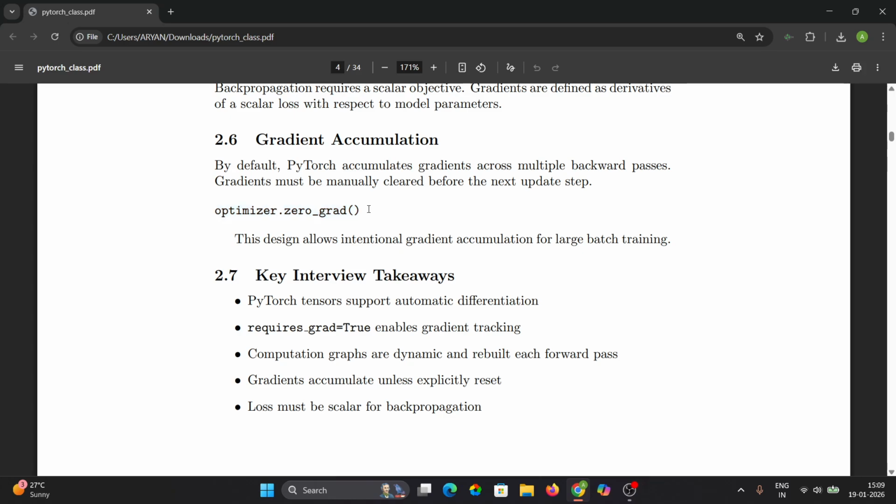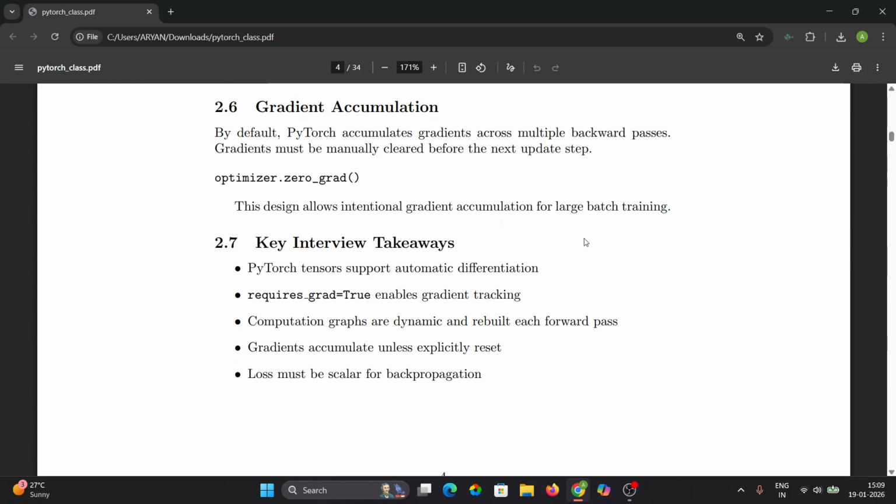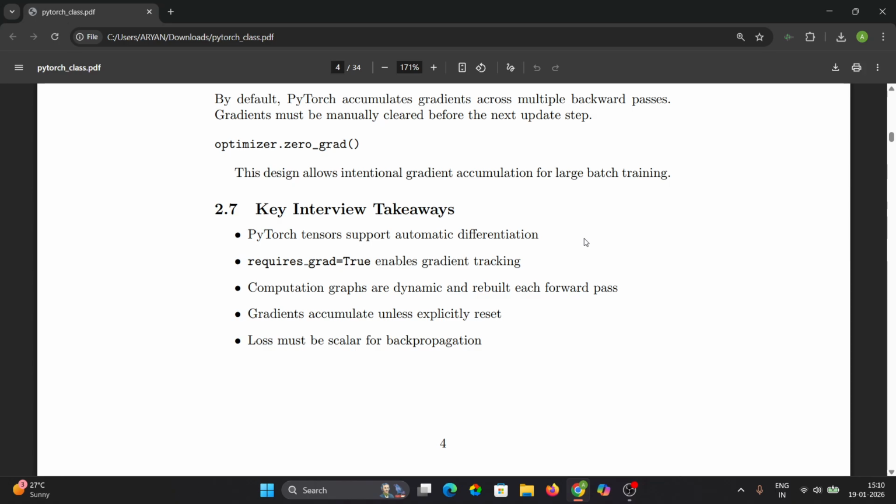So we need to write this line so that after one step the grad value becomes 0 and does not accumulate the previous gradient. This design is made intentionally to allow gradient accumulation for large batch training, where the batches have very large data. That is when it is used.